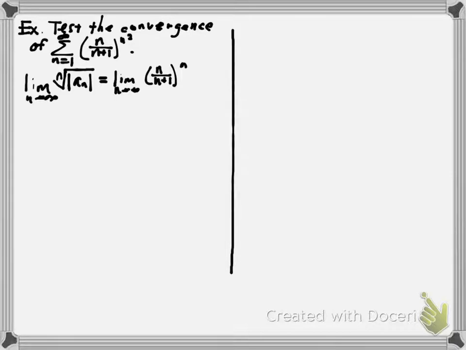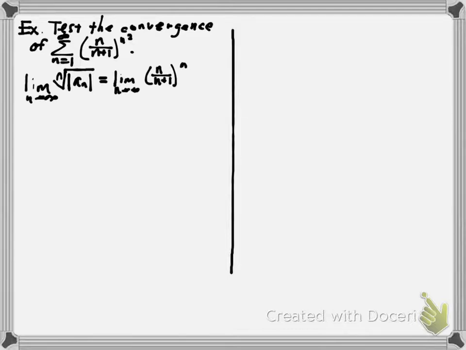Alright, so now, when we look at this limit, the expression in parentheses is going to 1, and of course n is going to infinity, so we have a 1 to the infinity indeterminate form. To deal with that, what we do is take the natural log of both sides and then proceed to use L'Hopital's rule.